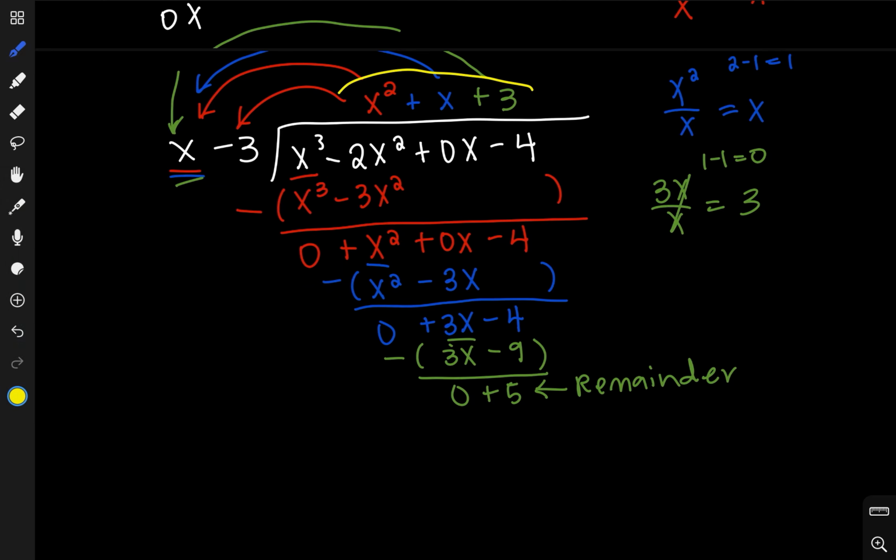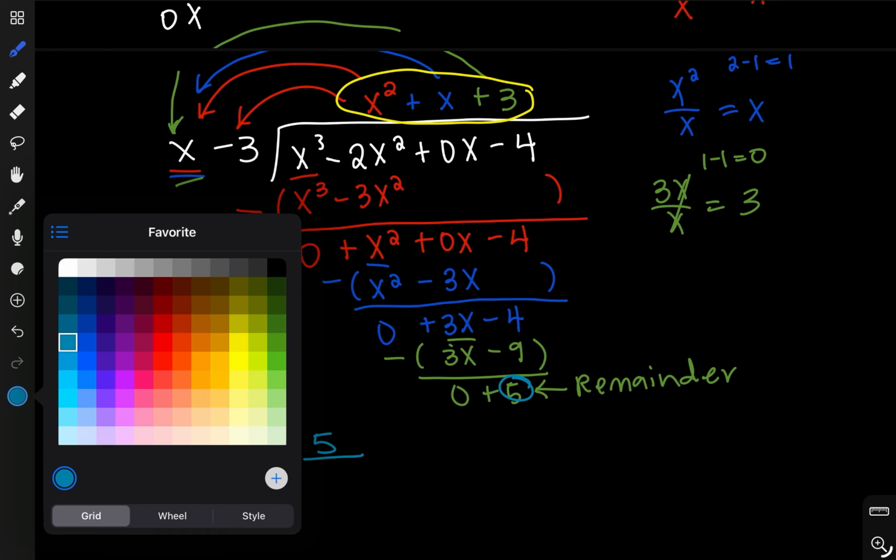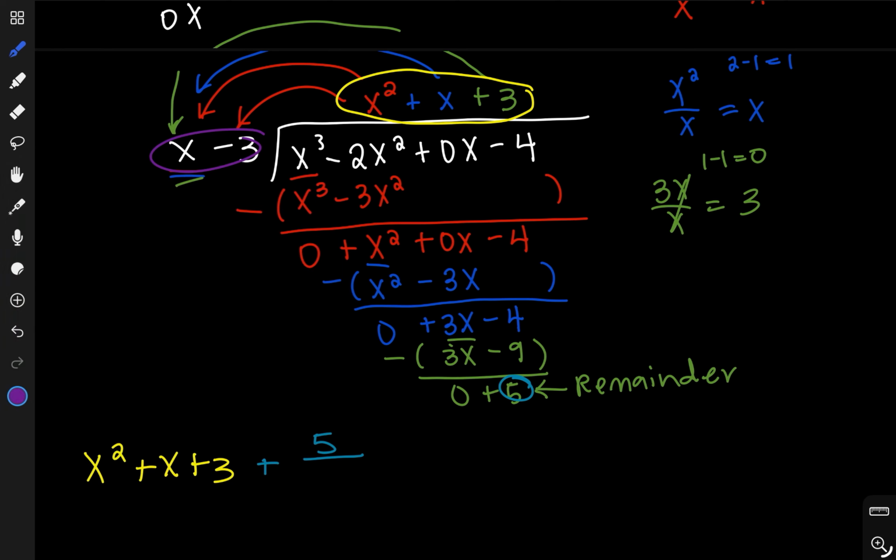So the answer is going to be x squared plus x plus 3. Our remainder is going to be 5, so it's going to be plus 5 over x minus 3. And that is our answer.